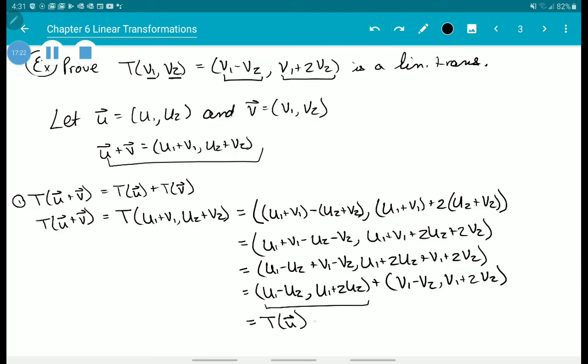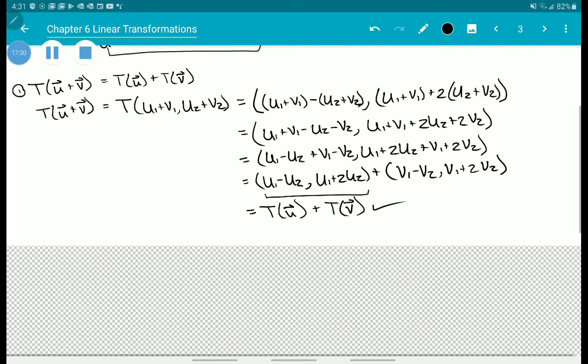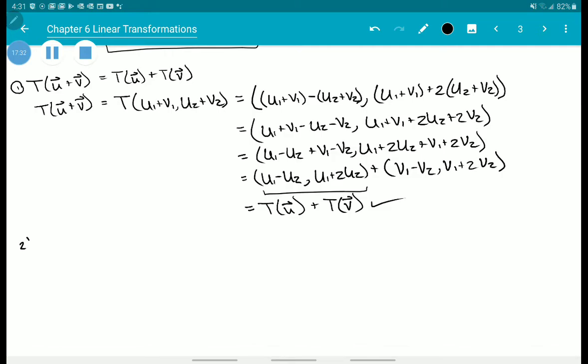So that is the transformation of V. So we have proven that T of U plus V is equal to T of U plus T of V. Now we need to prove the second, which says T of cU has to be equal to c times T of U.